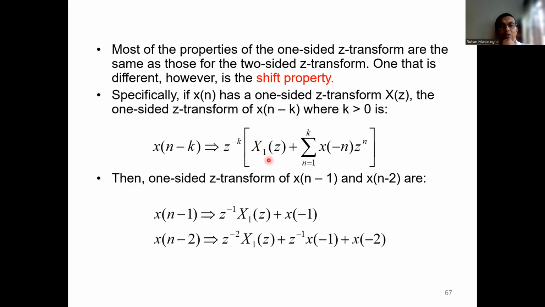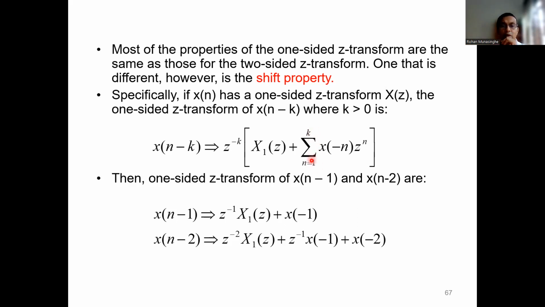Just say x[-n] z to the n, summation n equals 1 to k, and you have k number of new terms coming up. These are the new terms which are going to fill the space that you are creating, from 0 to the first sample of the shifted sequence. Otherwise, it will be a blank, empty space at time 0.